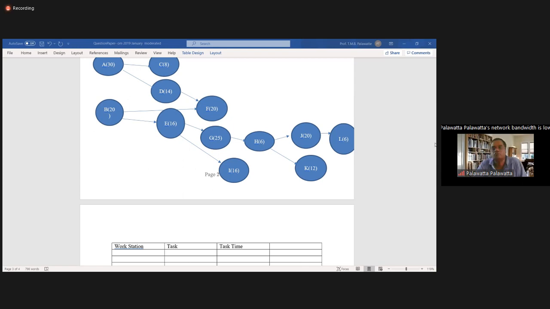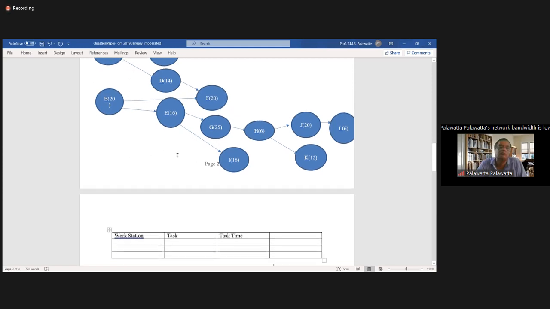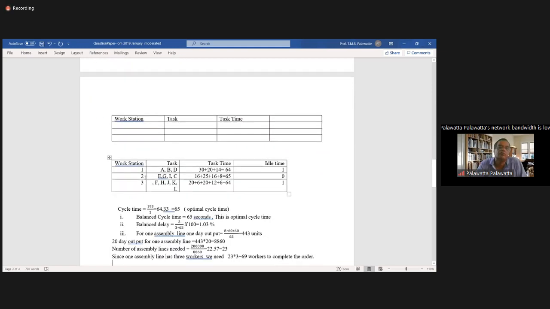One station, one employee. So let's say station 1, 1 employee, station 2, 1 employee, station 3, 1 employee. For the whole assembly line, 3 workers. One worker, one station.